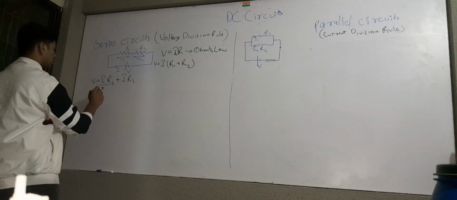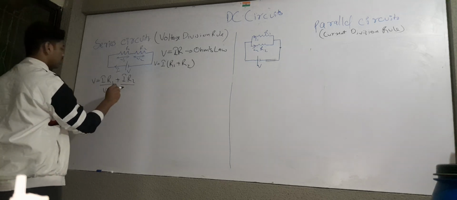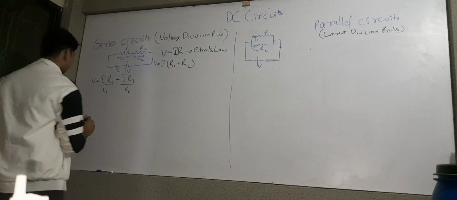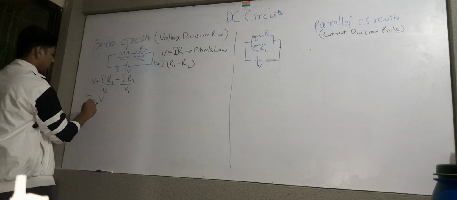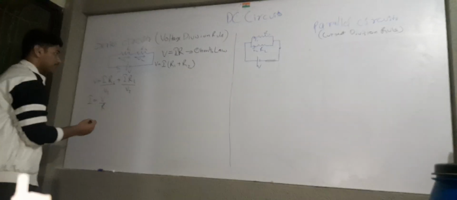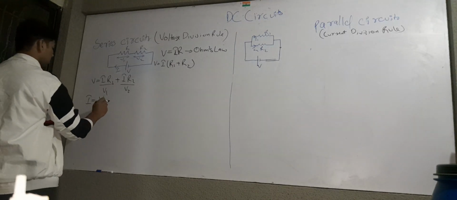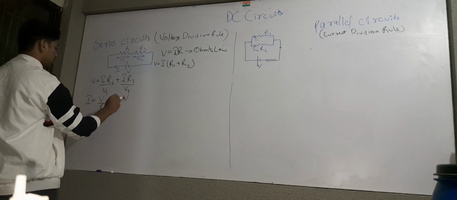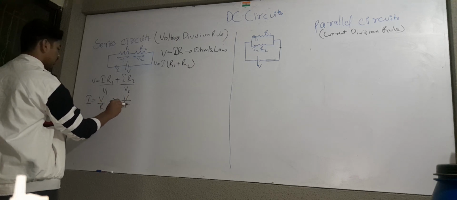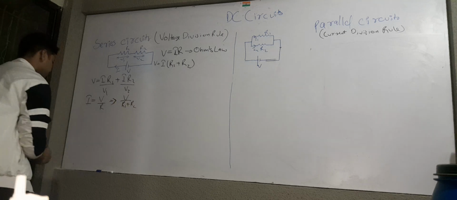So this is nothing but V1 and this is nothing but V2. Now what is I? I is equal to V by R obviously, which in turn gives V by R1 plus R2.